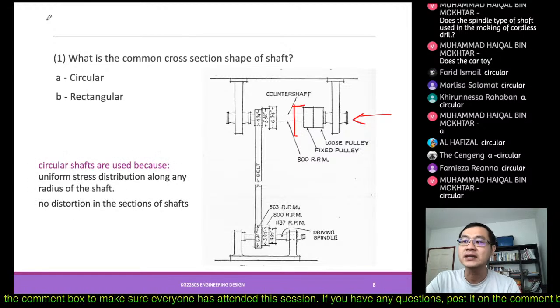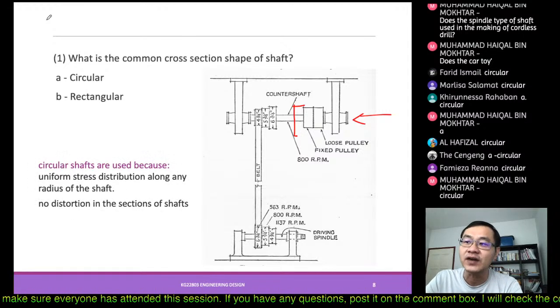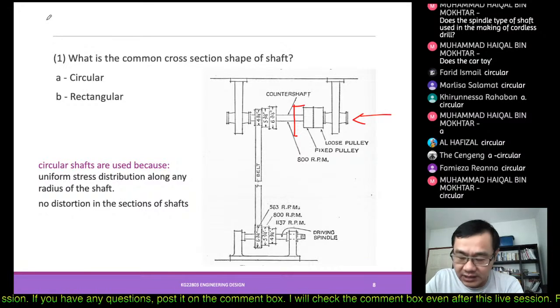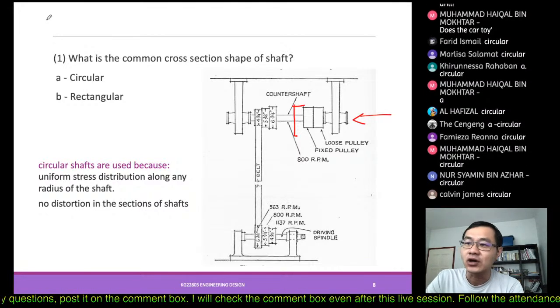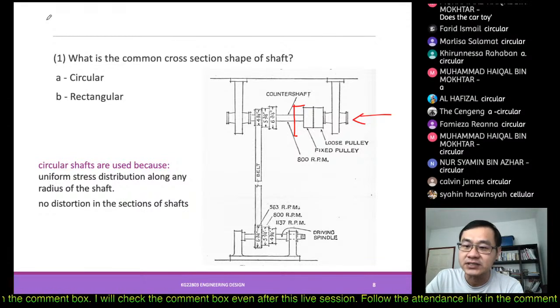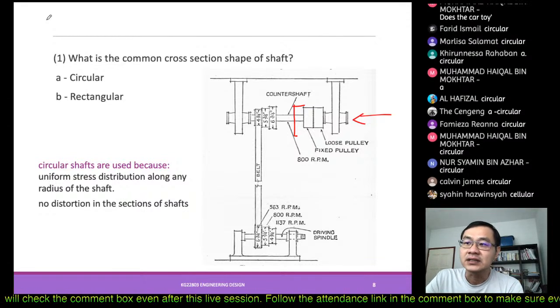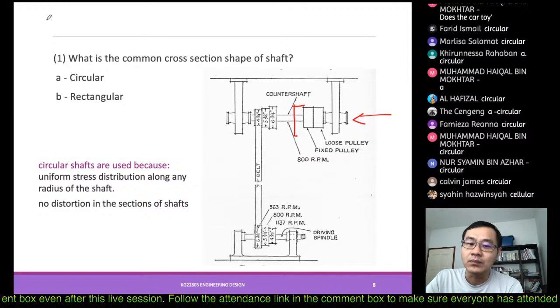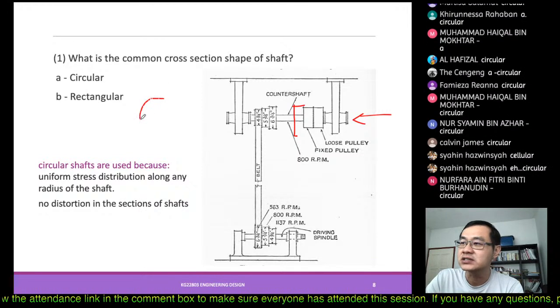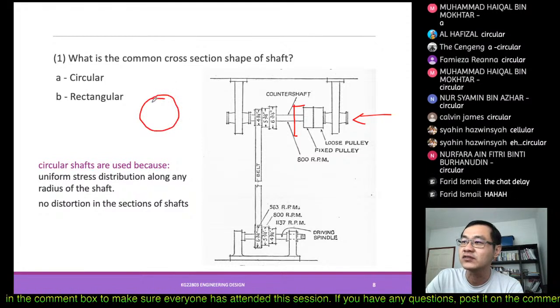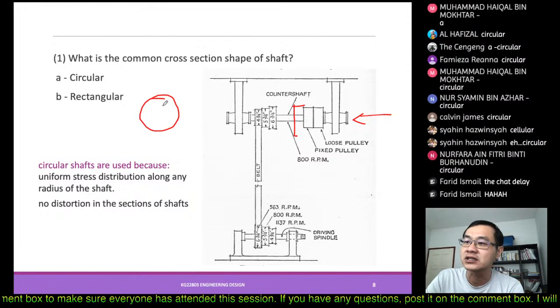So why are shafts usually circular? It is because a circular shaft has more uniform stress distribution along the radius. This is the cross section of the circular shaft.